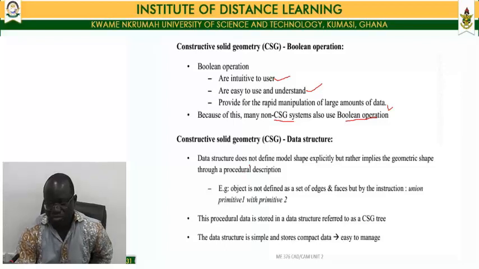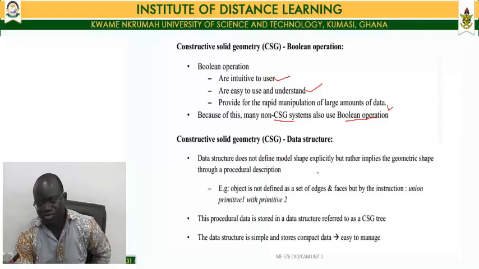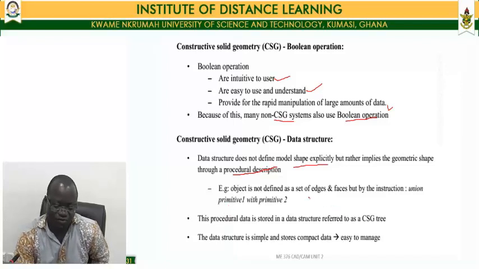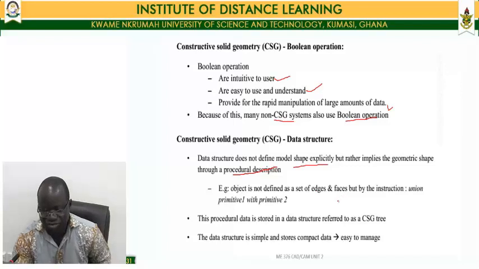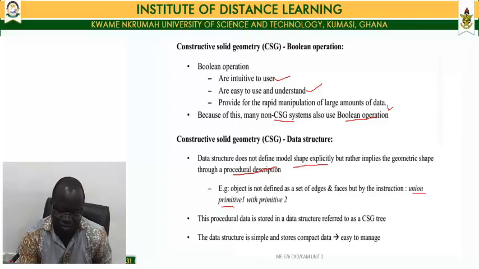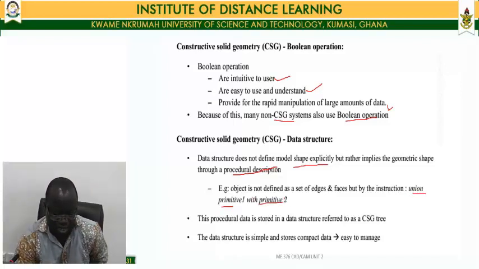So, if you construct an object defined by two sets of edges and faces by an instruction like, let's say, union of primitive 1 with primitive 2, you just go into the data structure, and what you see is formed by a union, primitive 1, primitive 2. This is what you will see inside the stored data.